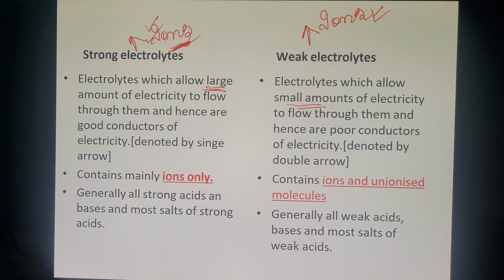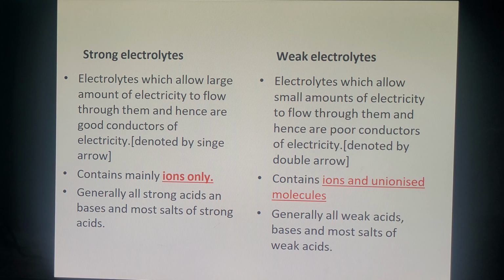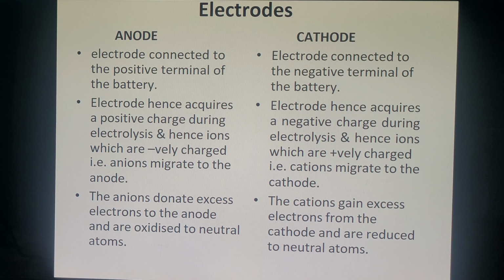But along with ions, you will also have some substances which are not able to conduct electric current through them. We call them the molecules. So strong means it is made up of only and only ions. Whereas a weak electrolyte will have some ions, but mostly it will have molecules. So this is the difference between a strong electrolyte and a weak electrolyte.